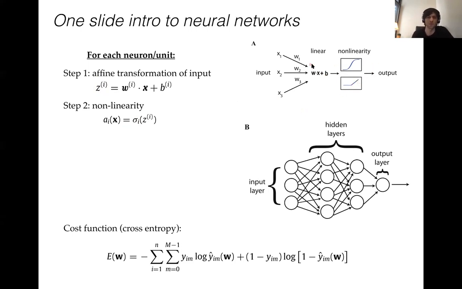So this is what an individual unit is doing, and then what you do is you take these units and you wire them up, as I mentioned, into a feed-forward graph.